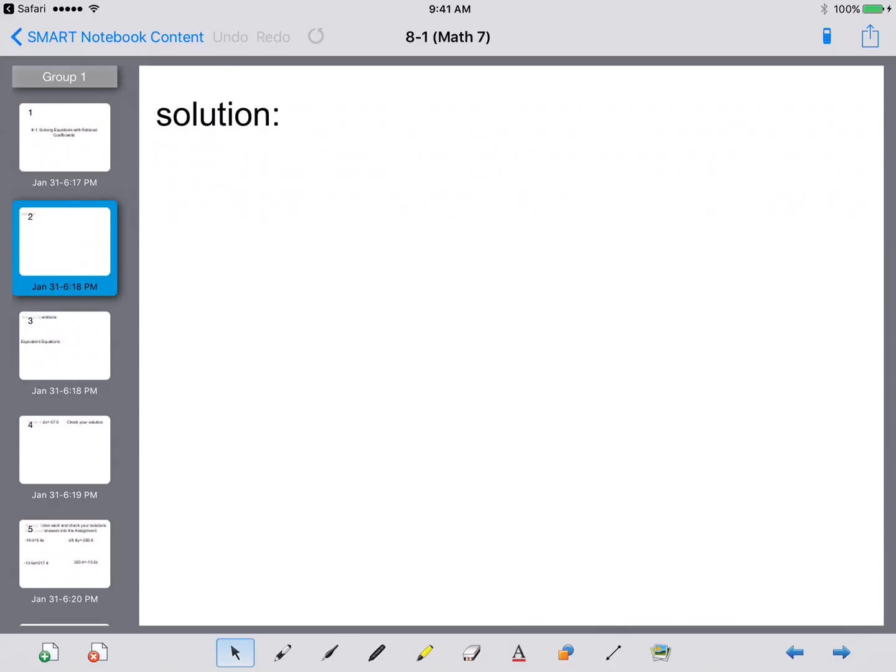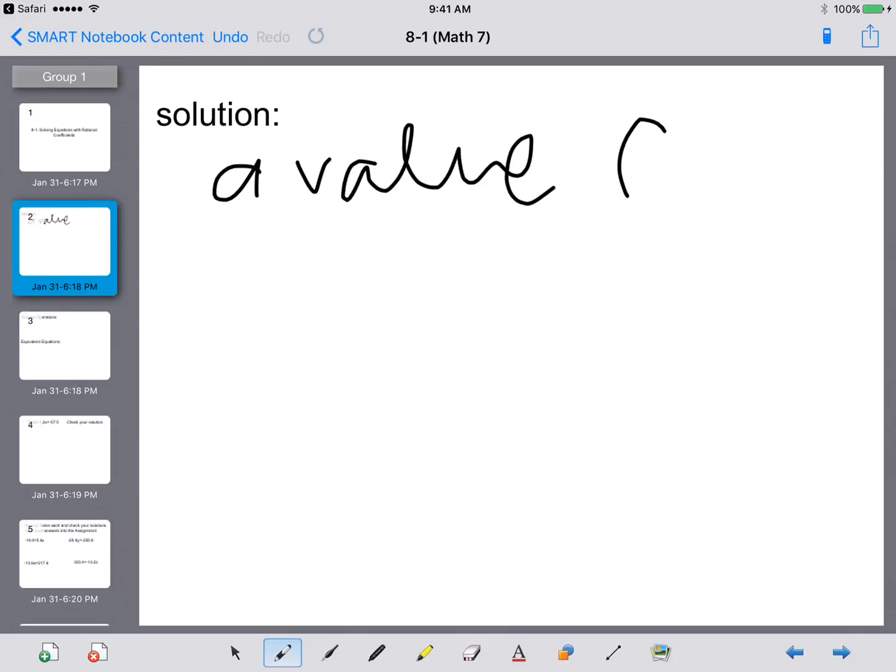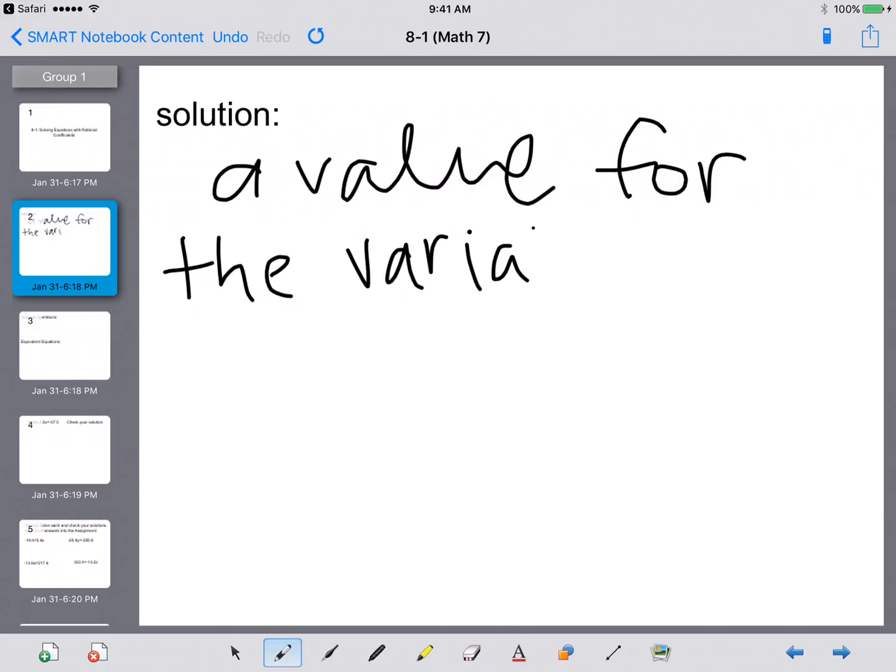The book's definition of a solution is a value for the variable, and the variable, remember, is the letter. So a value for the variable that makes an equation true.